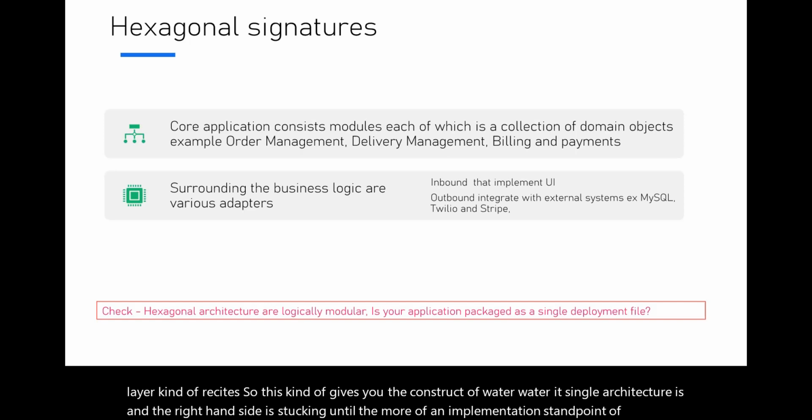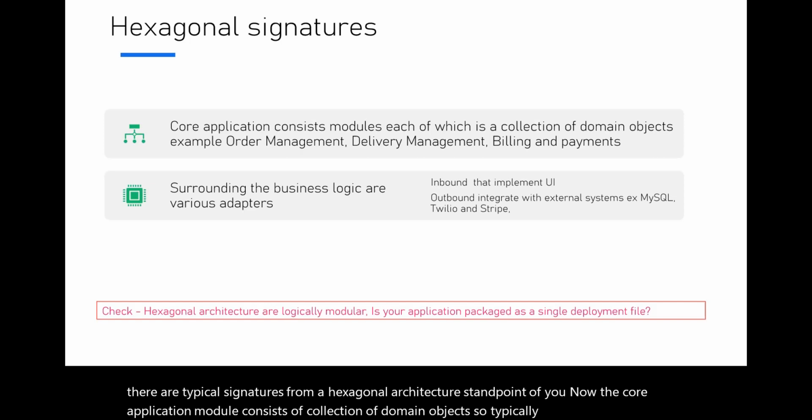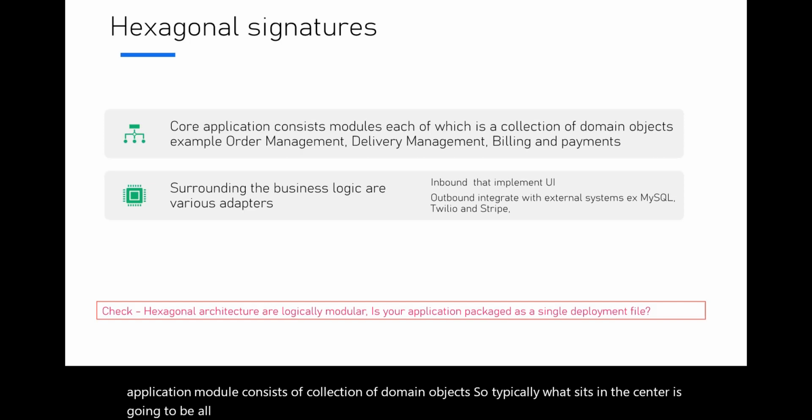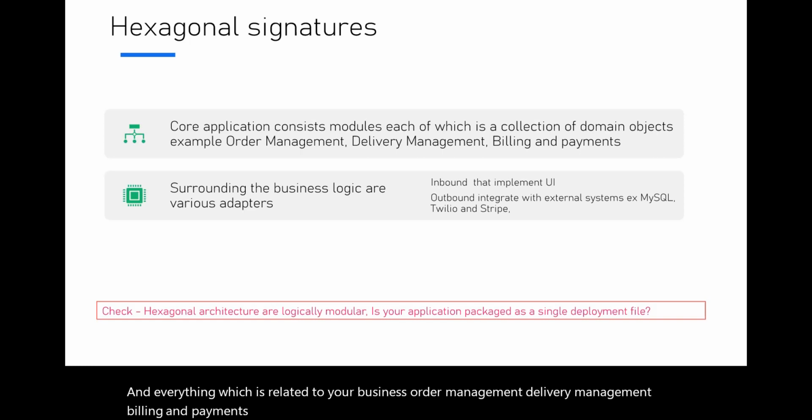Now there are typical signatures of a hexagonal architecture. The core application module consists of a collection of domain objects. So what sits in the center is all the domain objects and everything related to your business: order management, delivery management, billing and payments. Surrounding the business logic are various adapters.